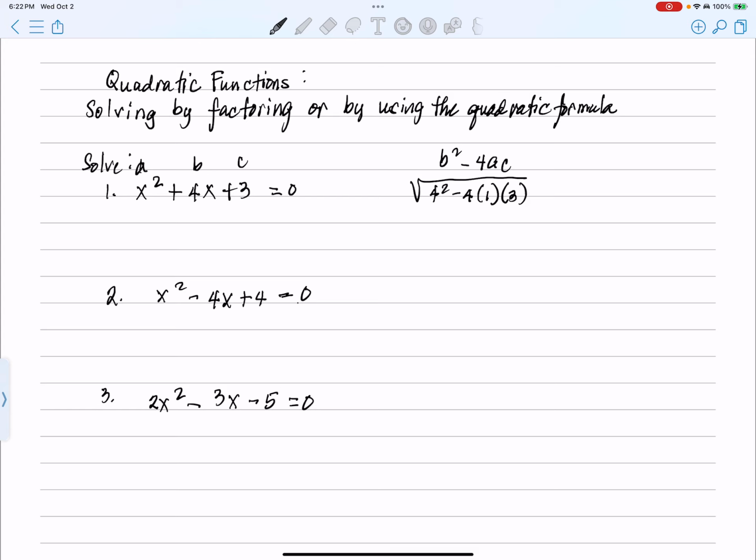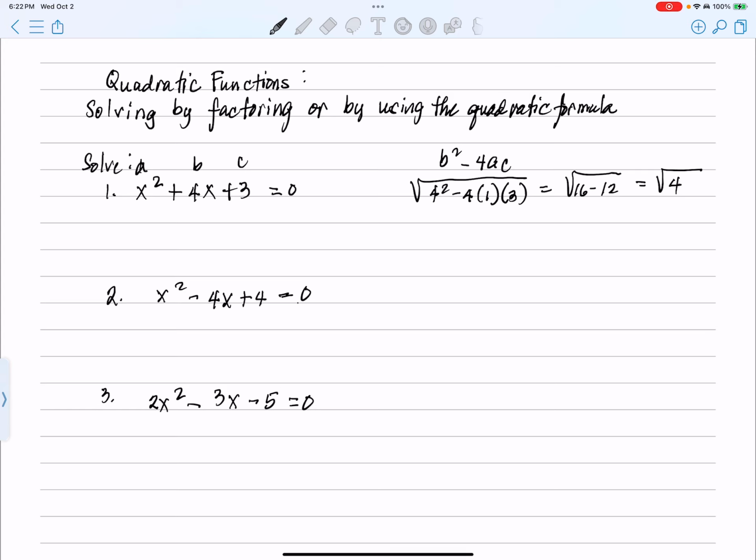So we have 16 minus 12, that is 4. And the square root of 4 is a perfect square. So in other words, we don't need to use the quadratic formula. We go directly by factoring.